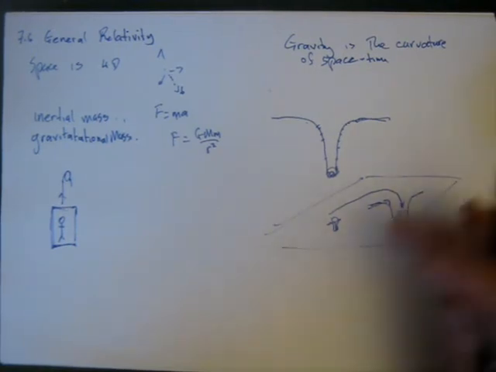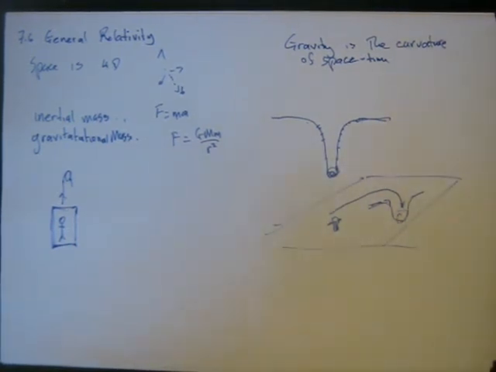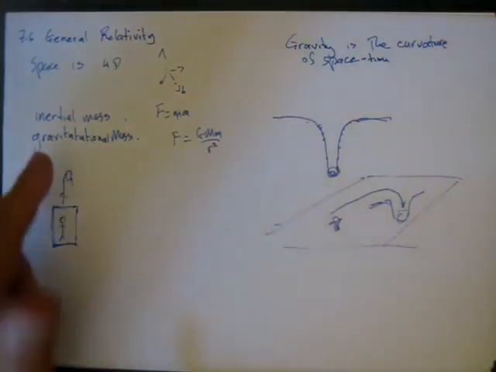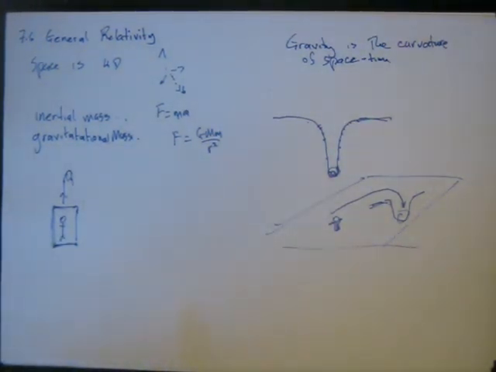Relativity explains gravity by curvature of space-time, but quantum doesn't have any term in there for gravity whatsoever. So quantum is not a complete theory. General relativity is not a complete theory. So it means at some points general relativity is going to be wrong, quantum's going to be wrong.